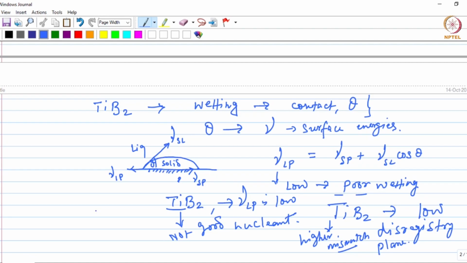For example, if you compare this disregistry or the mismatch with a boride particle such as aluminium boride, you will see that this kind of borides will have planes like this (0001), having some orientation relationship with (111) planes of aluminium, and the disregistry is low.